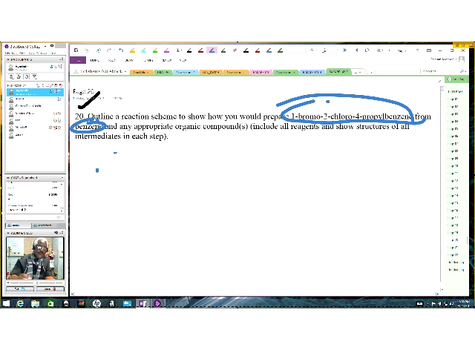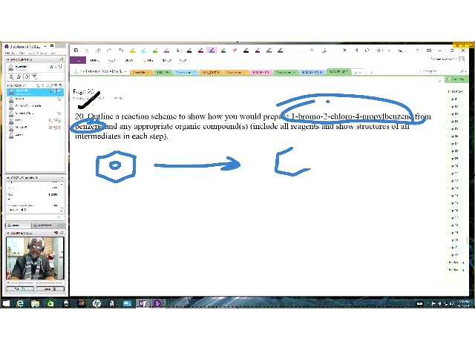Okay, so we have benzene. And we're supposed to make that 1-bromo, 2-chloro, 4-propylbenzene. Okay, so let us have this here. 1, 2, 3, 4.